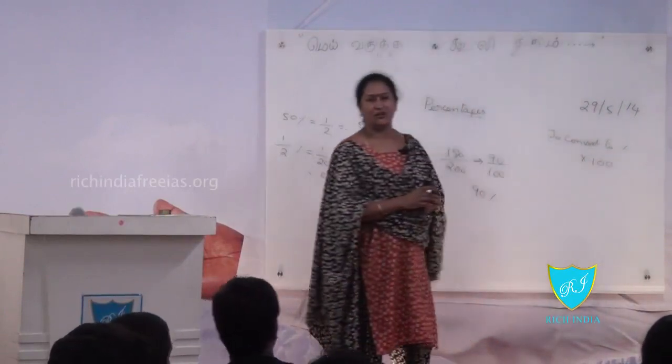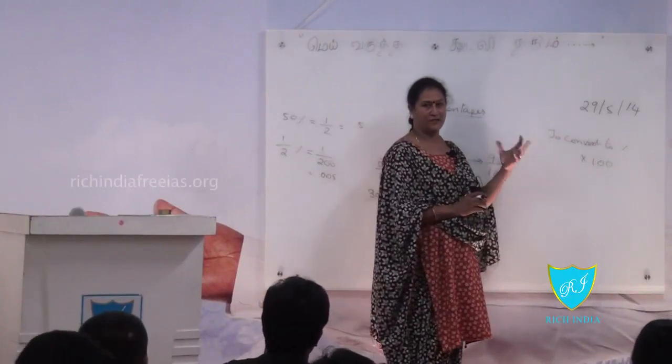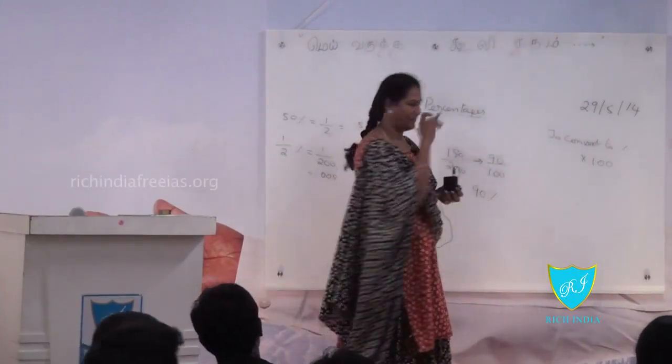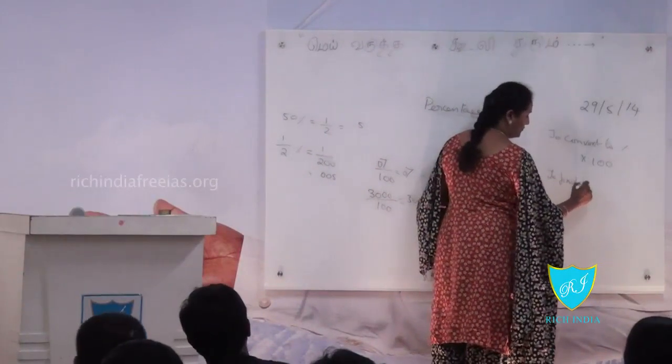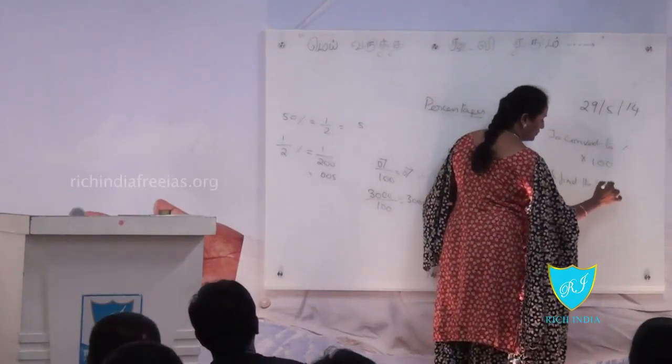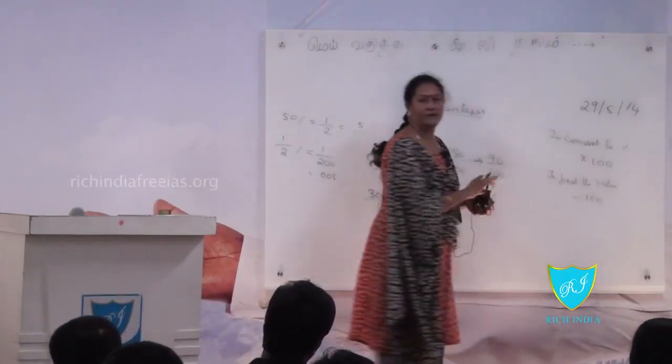So for any fraction or decimal, when you need to convert to percentage, multiply by 100. To get the value, when the percentage is given, divide it by 100.